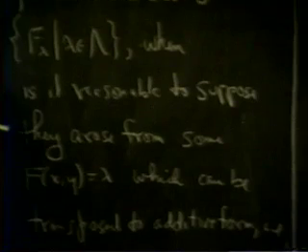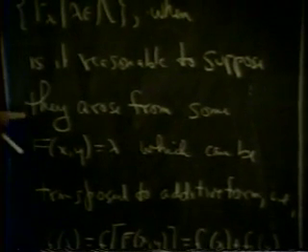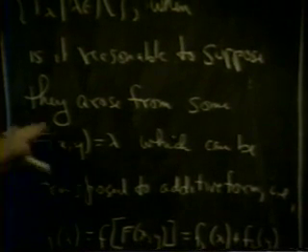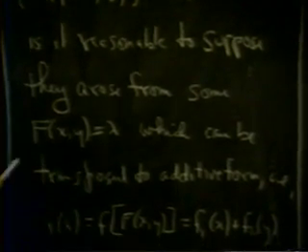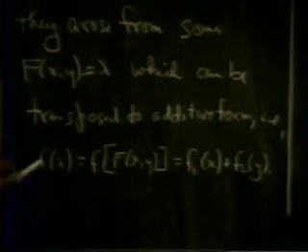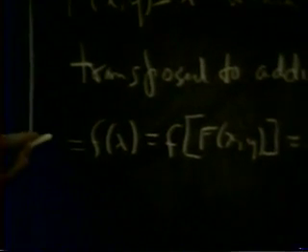The question is, when is it reasonable to suppose that these indifference curves arose from some function of 2 variables being set equal to a constant, and that function is capable of being transformed into additive form, so that you have f of lambda, which of course is another constant, call it c.